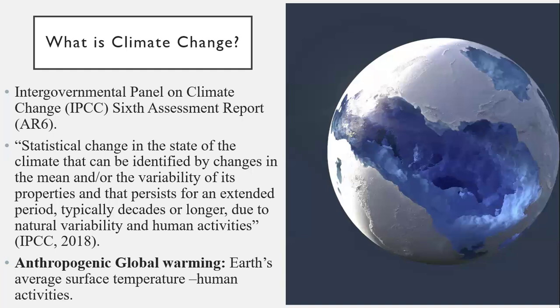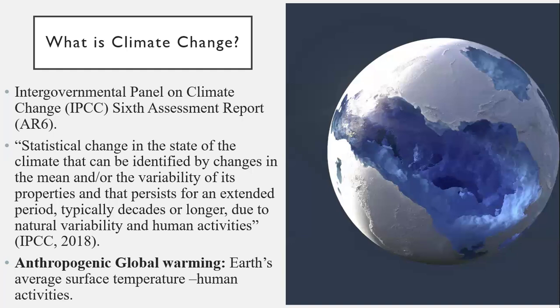Climate change refers to long-term shifts in temperature and weather patterns. These shifts can be natural due to a variation in the solar cycle, or they can be human-induced. The IPCC's AR6 provided unequivocal evidence that human activities are responsible for climate change.